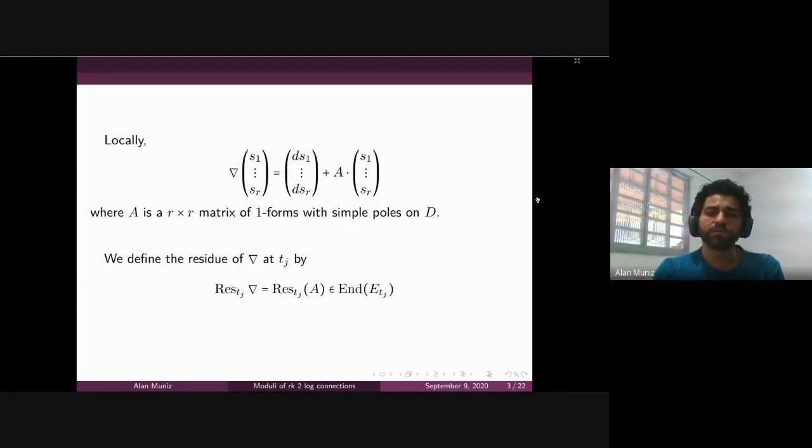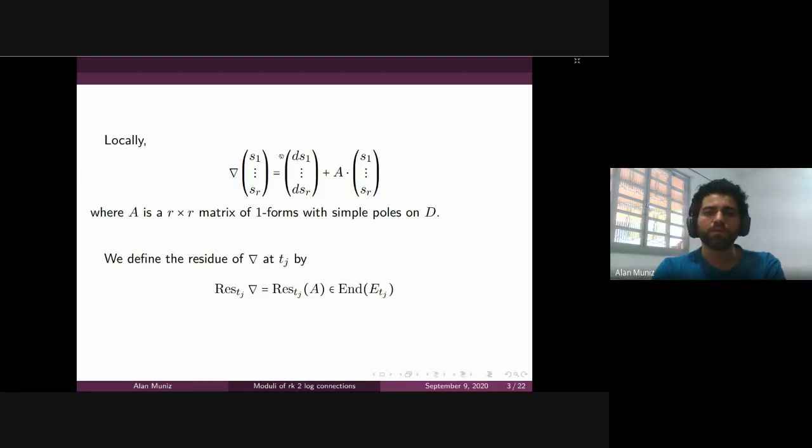We define for a connection some residues at each pole, at each point on the support of D. Then we define the residue by the residue of the matrix A. Here we are talking about a matrix whose every entry is the residue of the form in the matrix A. So this is well defined.